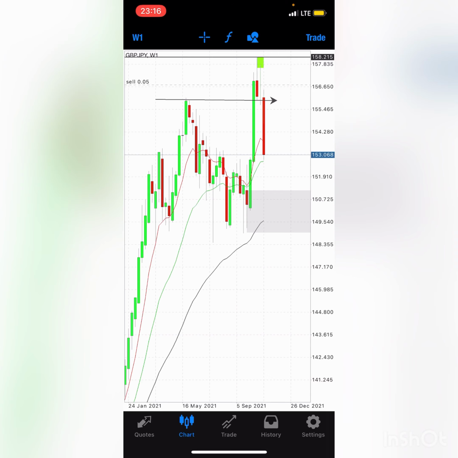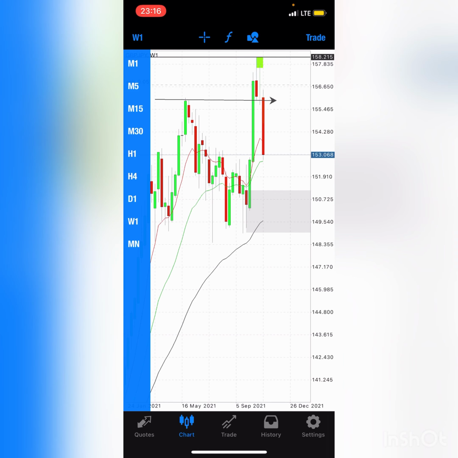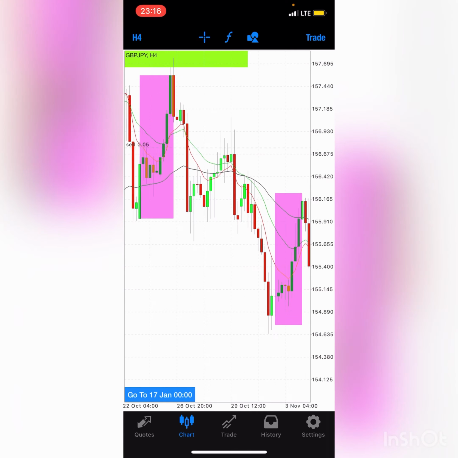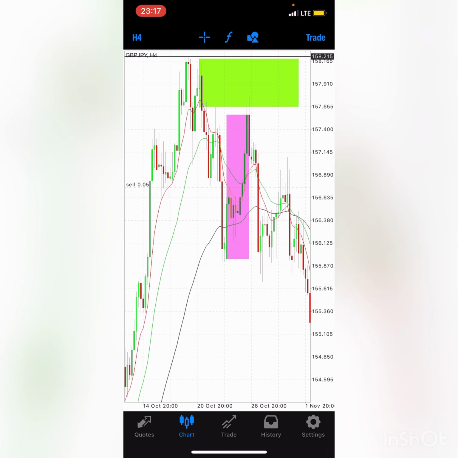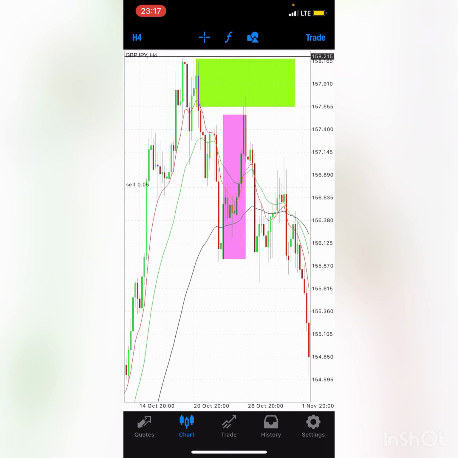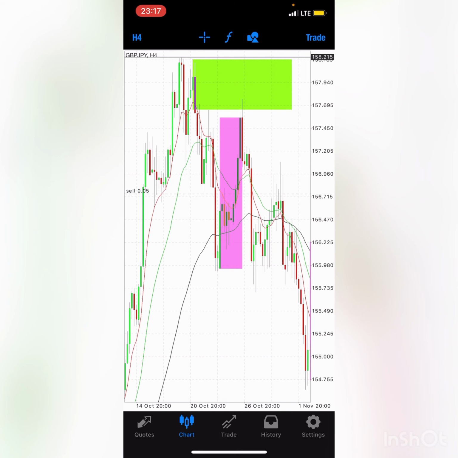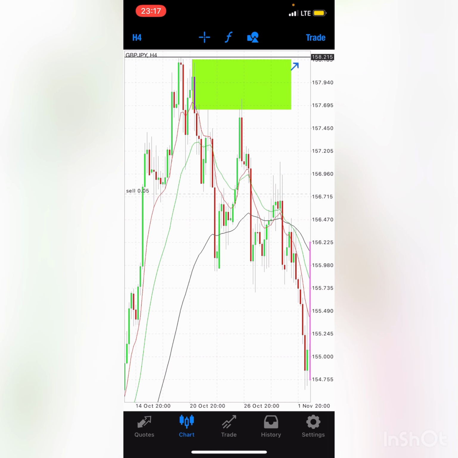So we'll be going on the 4 hour time frame, right? As you can see, the black line is where price stopped, right? That's where price stopped. And now it's time to bring out the rules. Let's mark previous structure. This is our previous structure right here, right?